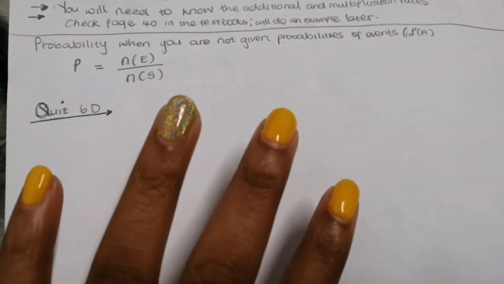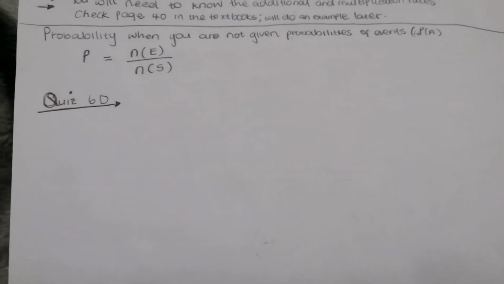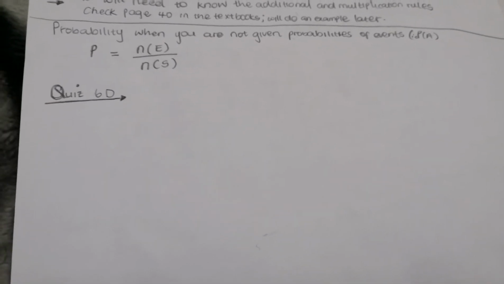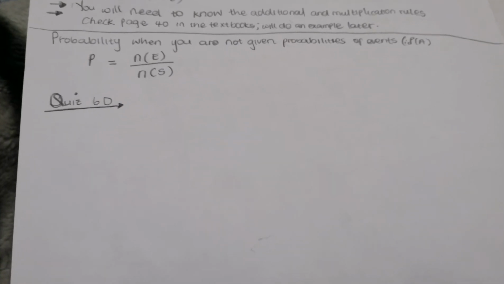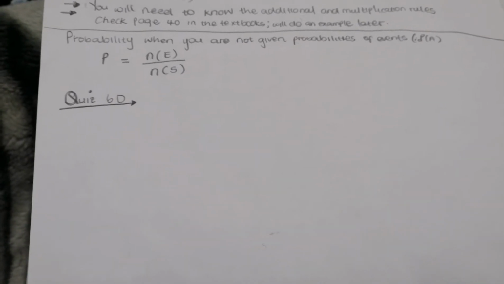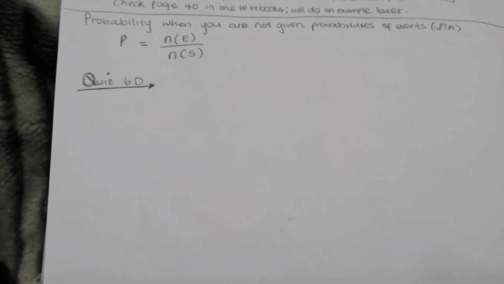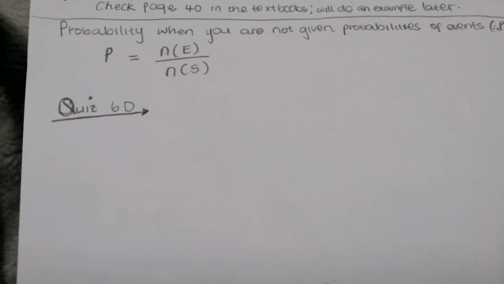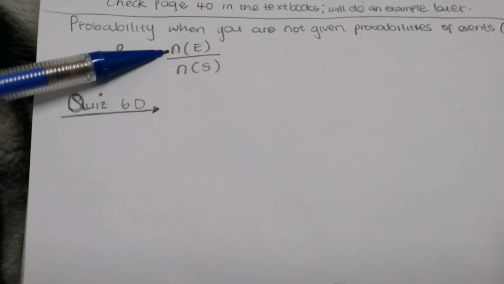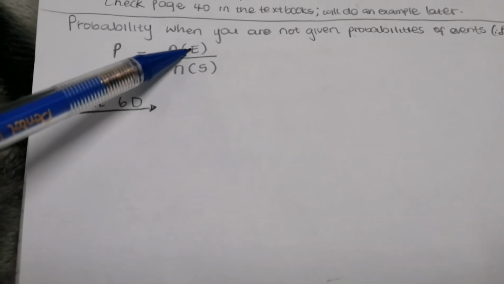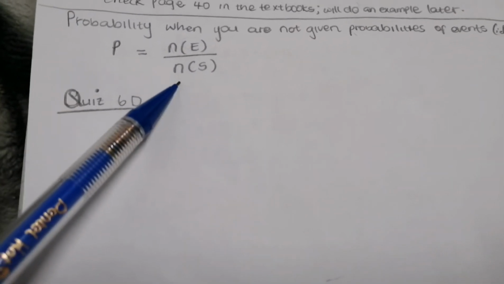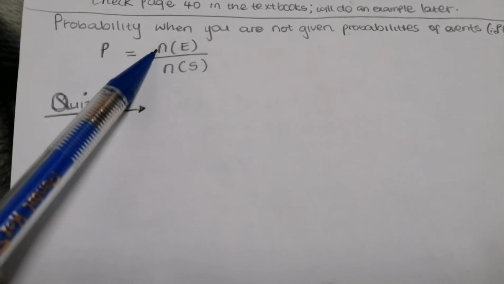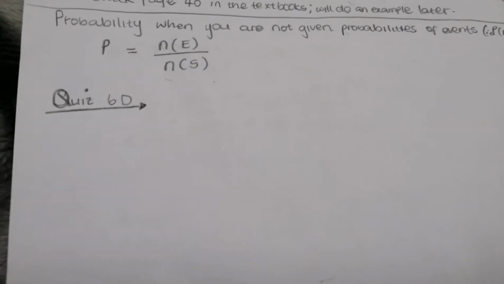So for the probability of an event when you are not given the probabilities of the events, for example the probability of A, B, or C, and they require you to find the probability, what you are going to do is find n of the event, and then find your sample space, and your probability will be n(E) over the sample space, right?